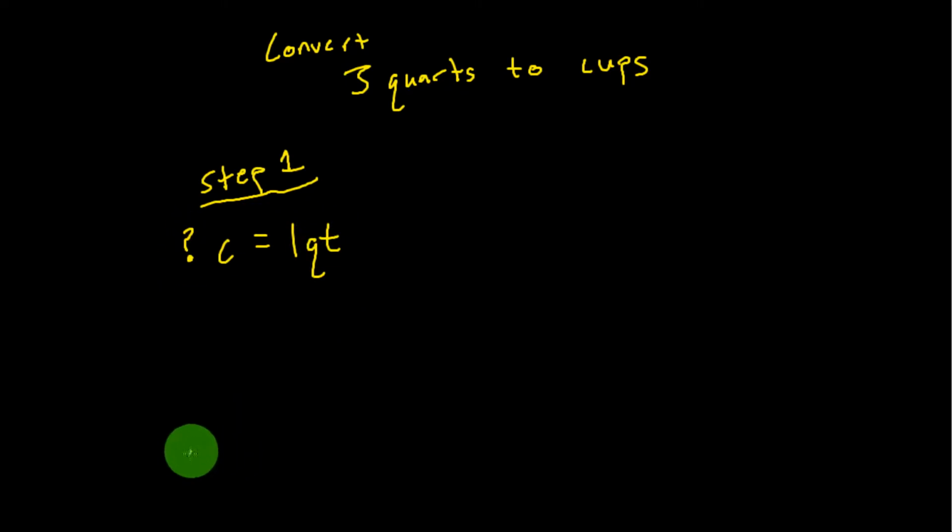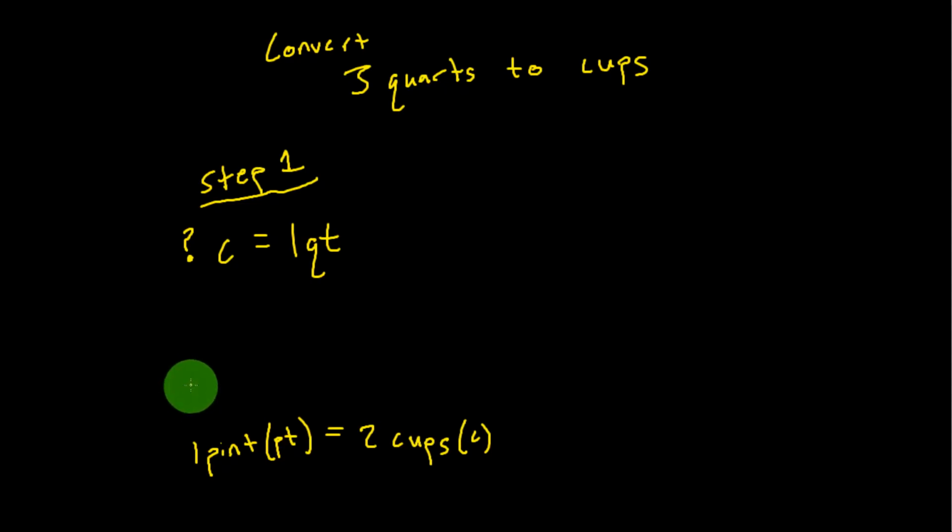Well, if you look down at your formula chart, you'll see that 1 pint, abbreviated PT here, is equal to 2 cups. Also, I know that if I doubled 2 pints, that equals 1 quart. So 1 quart is equal to 2 pints.